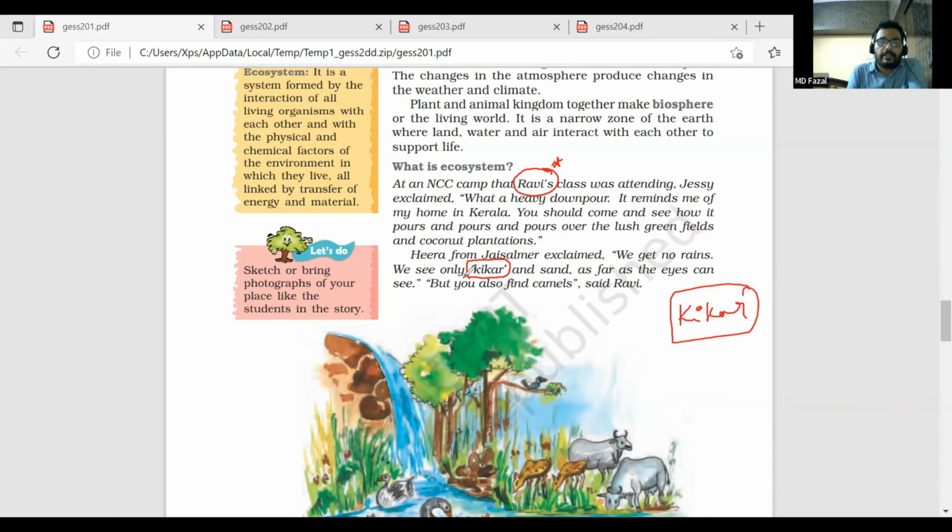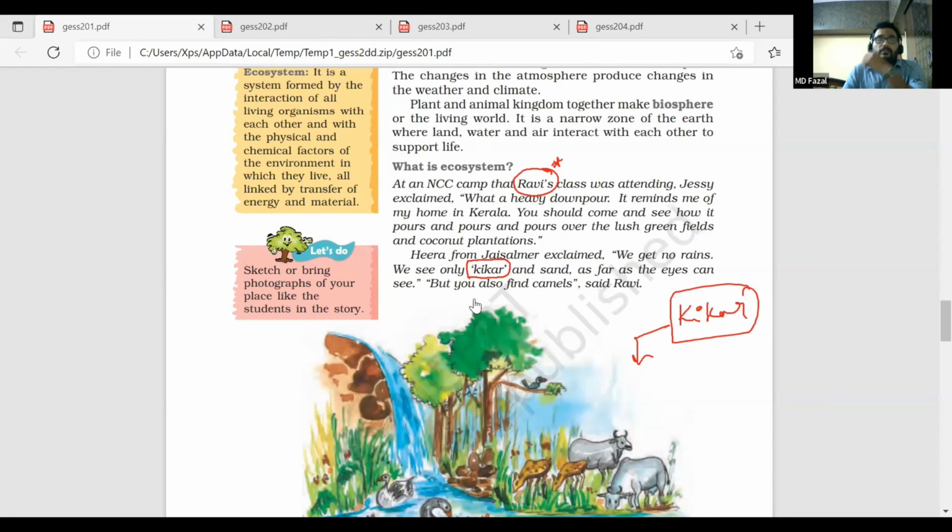Hira from Jaisalmer exclaimed, we get no rains. Jaisalmer is a place in Rajasthan. We get no rains, we can see only kankar and sand. What do you mean by kankar?